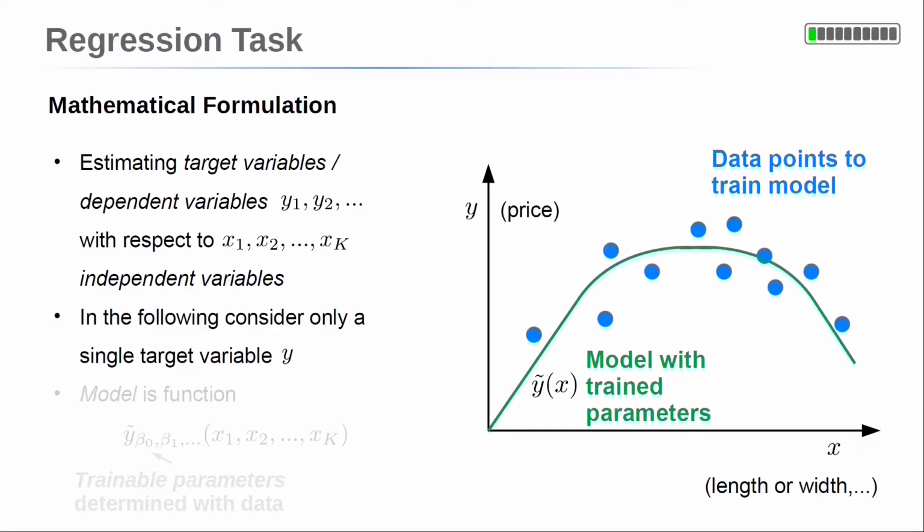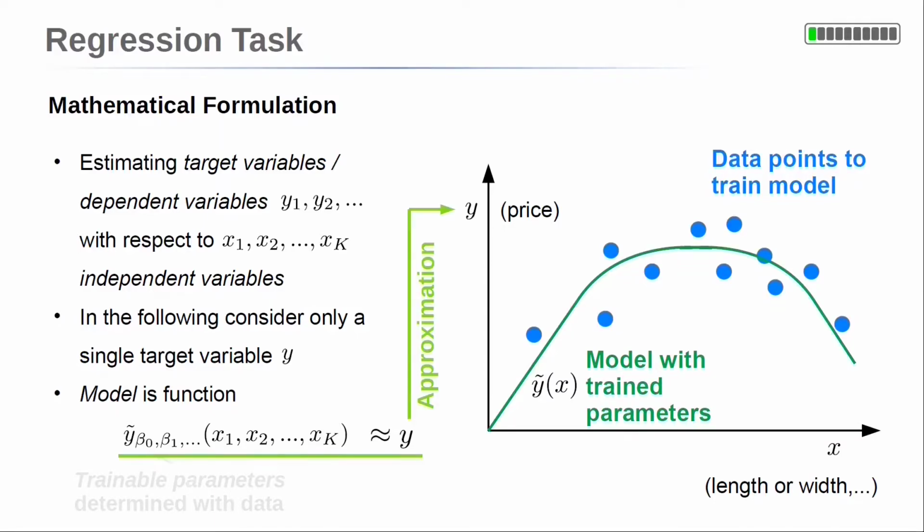In the following, we will just use a single target variable y. The regression model which estimates this variable can be written as function y tilde. So y tilde is the model's approximation of the true value of y.